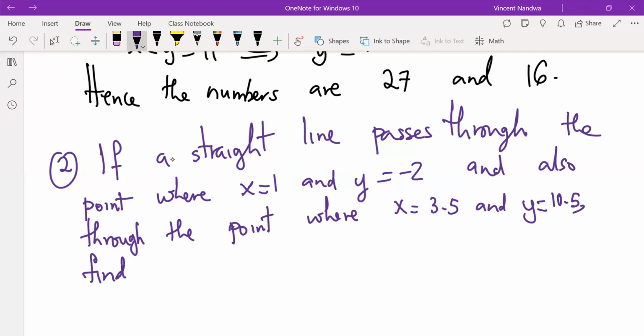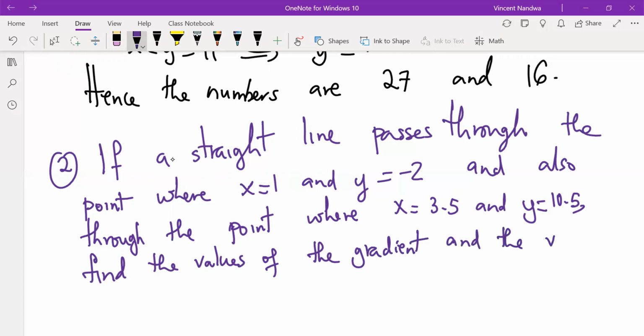Find the values of the gradient and the y-intercept.